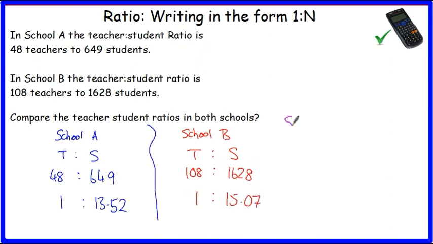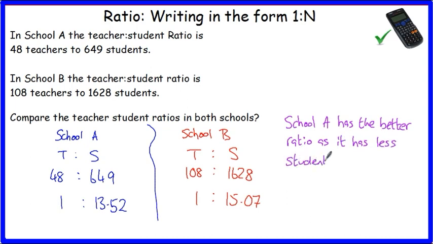Well, School A. So School A has the better ratio as it has fewer students to each member of staff.